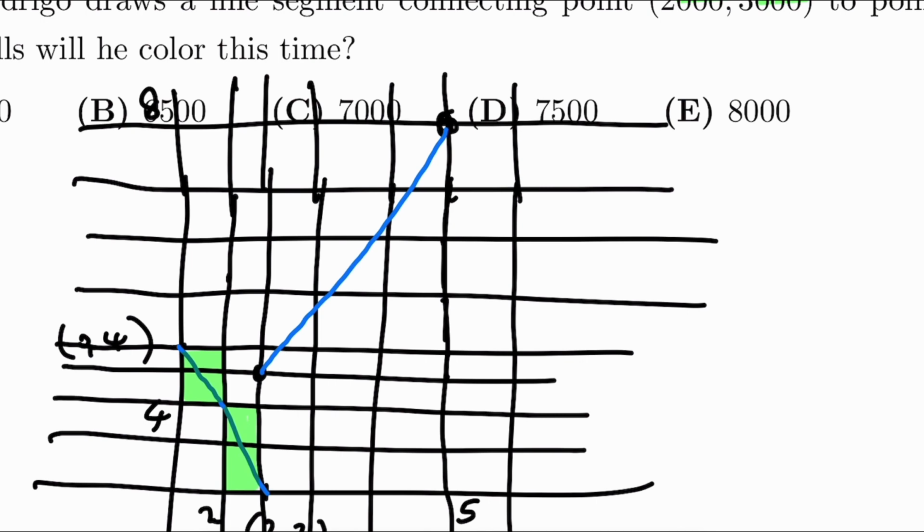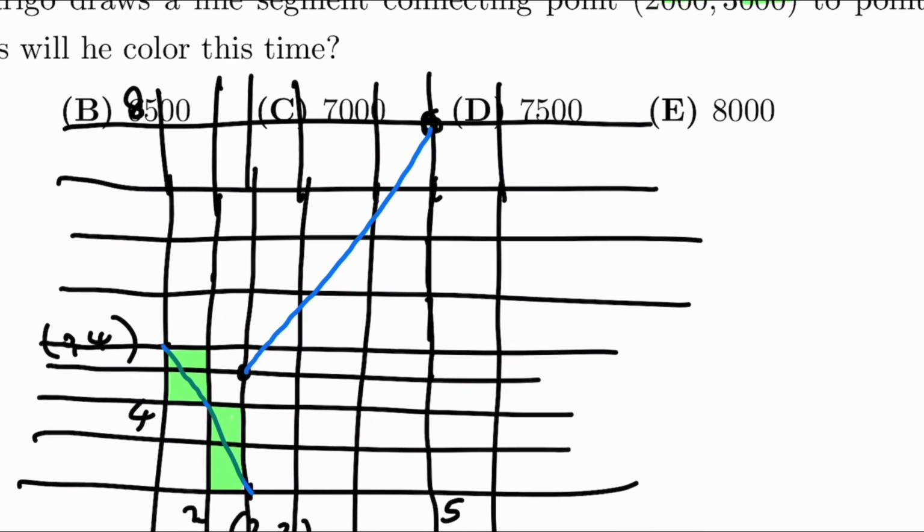It probably doesn't help that I am freehanding it, but we can see that over here we have drawn through this point, this cell, this cell, this cell, this cell, this cell, and this cell.